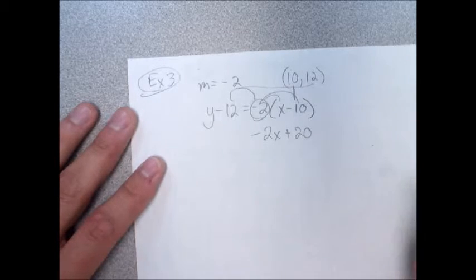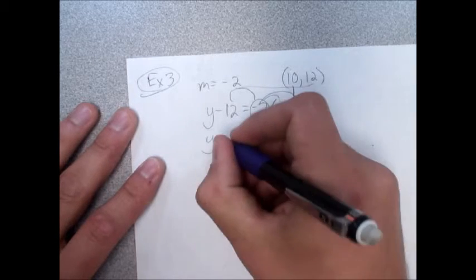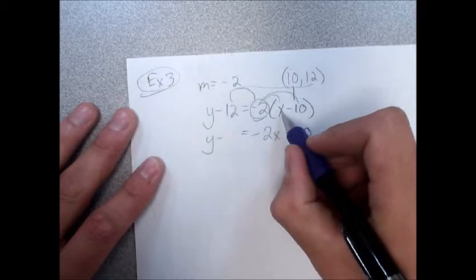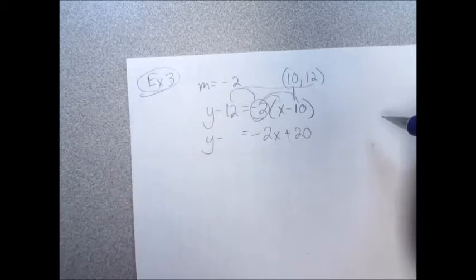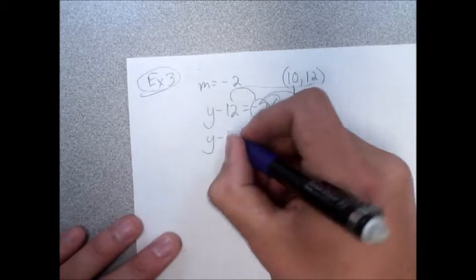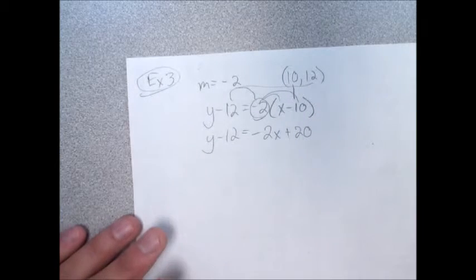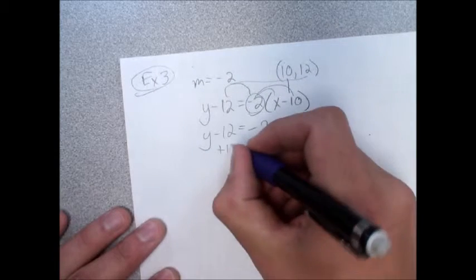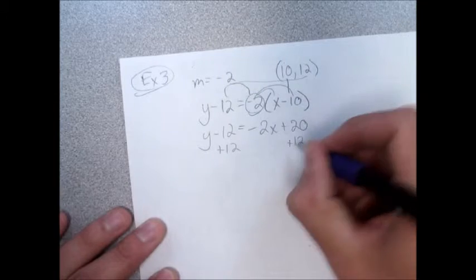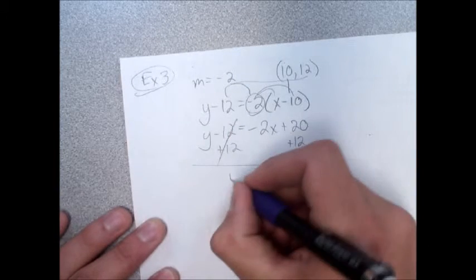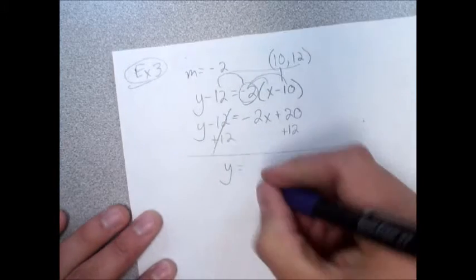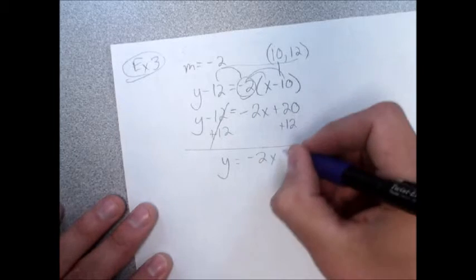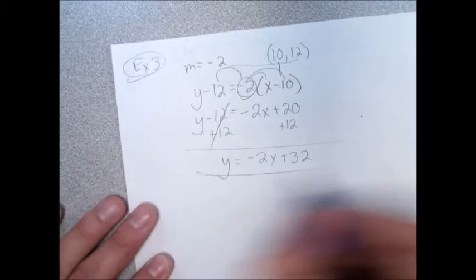Make sure that negative goes to both of the numbers inside. Okay, so moving from there, I start to simplify. It's y equals mx plus b, so I'm going to add 12 to both sides. Y then will equal -2x plus 32. Questions?